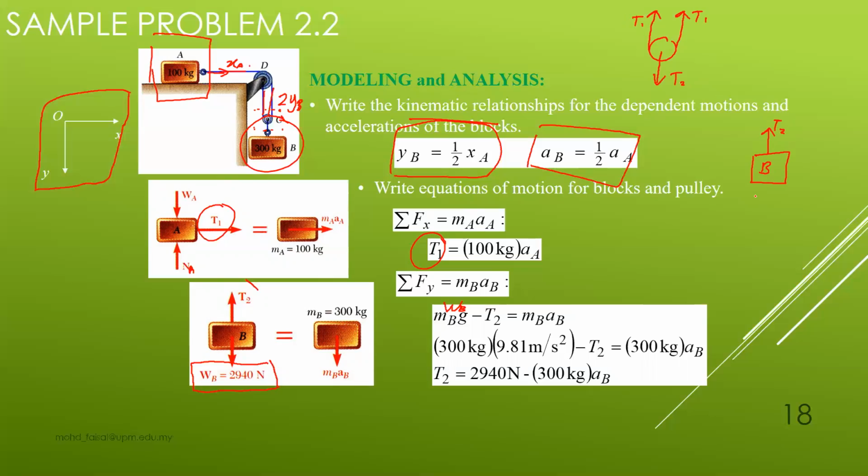That is how it works. This is your weight B, similarly to what we have down here, minus T2, because we define the y direction going down as positive, therefore going up is negative. That's why minus T2.